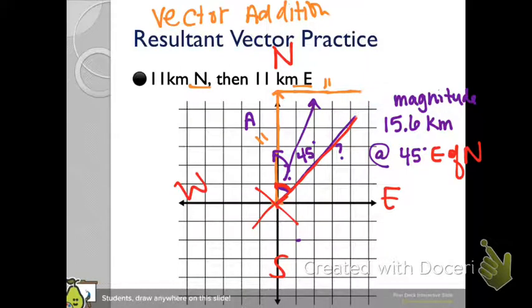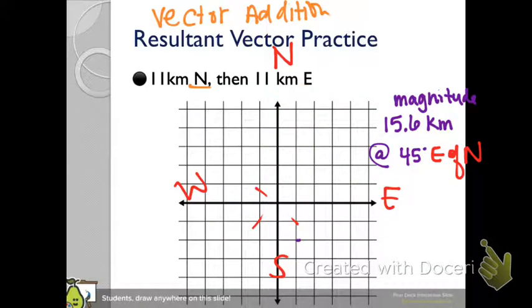Let's get rid of some of this stuff here. Okay, so my angle looked like this, and we found this angle right here. So how did we know it was east of north? Well, the first thing I want to look at is what axis line is my angle touching?